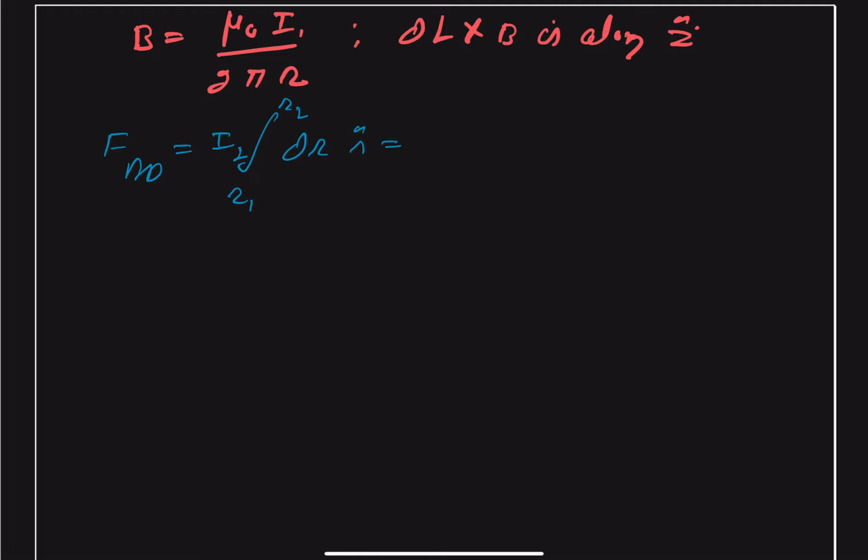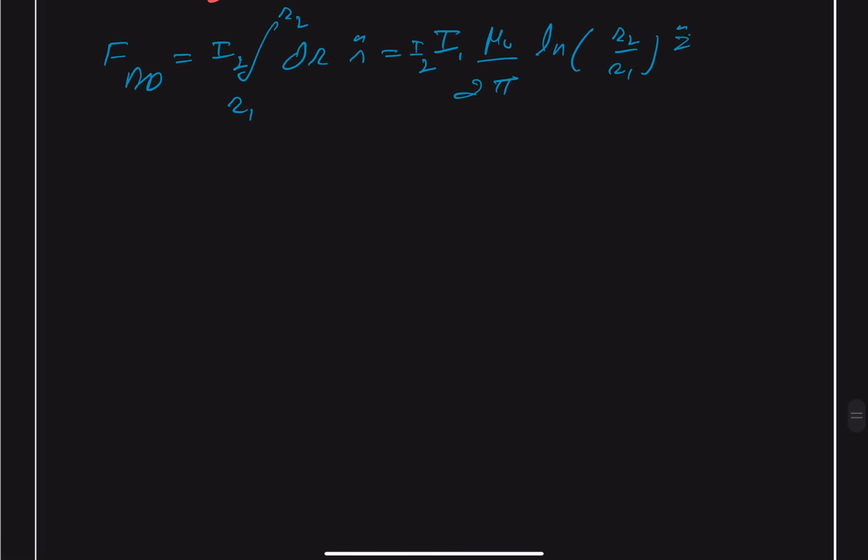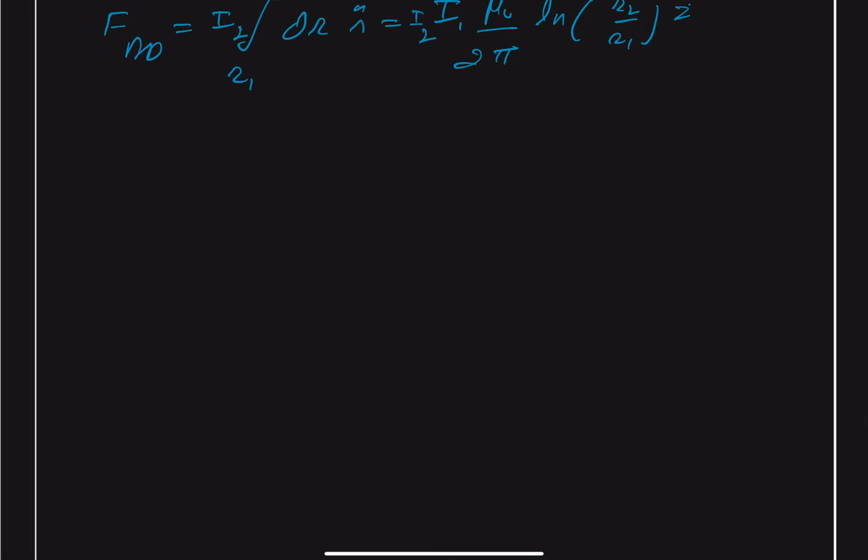We substitute all the relevant things and integrate. We are going to get I1 and I2, mu naught upon 2 pi, natural log of R2 divided by R1, along the Z unit vector. The only difference between this AD and CB will be the unit vector.